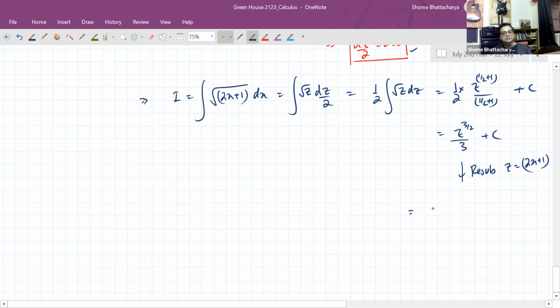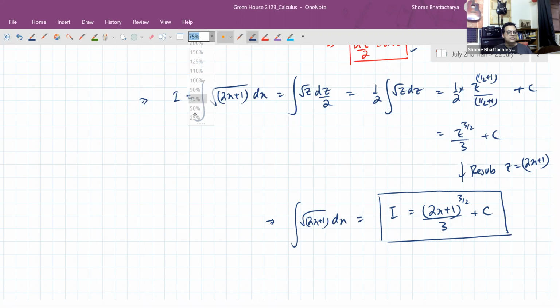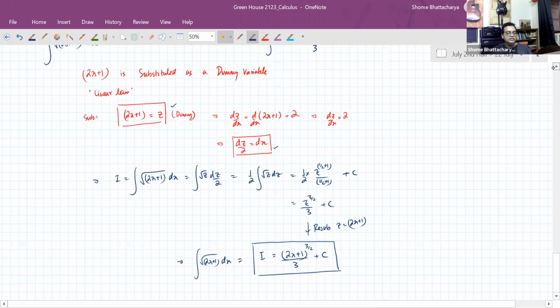So again, you see it's a little bit similar to the chain rule concept. So this becomes (2x plus 1) to the power 3 by 2, whole thing divided by 3, plus c. So this is the antiderivative for this integral. This tells me that the integration of square root of 2x plus 1 should give me this. Later we'll verify it by checking that it gives root 2x plus 1 when we differentiate it.